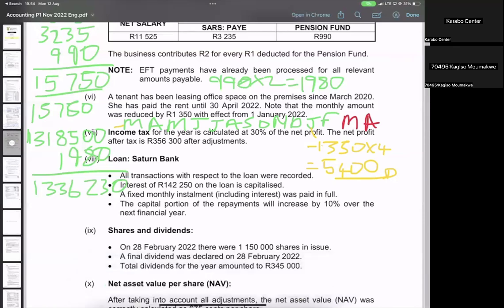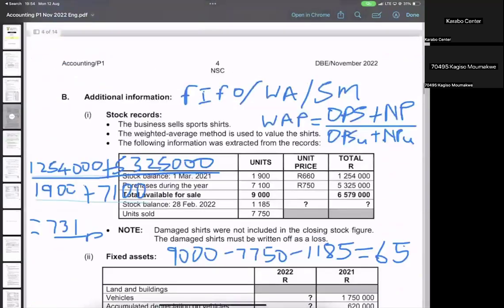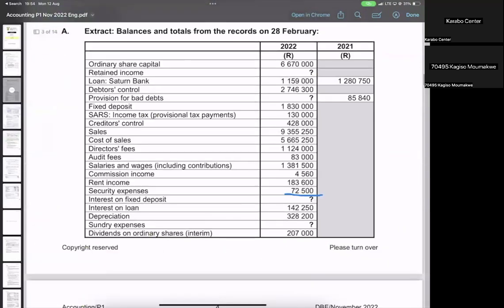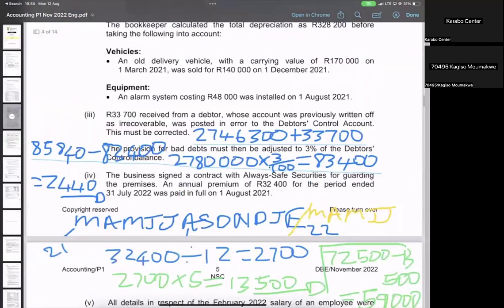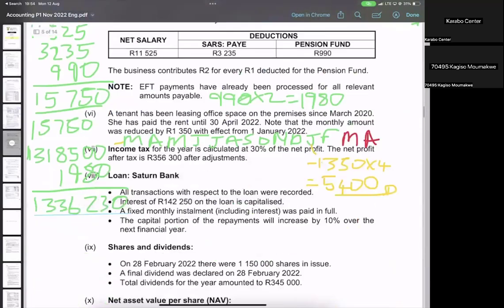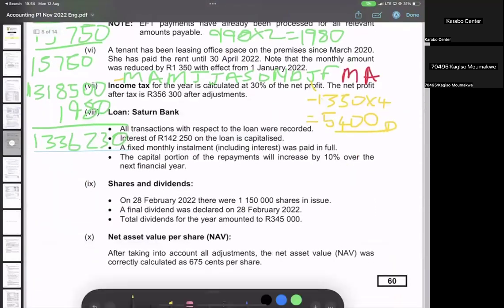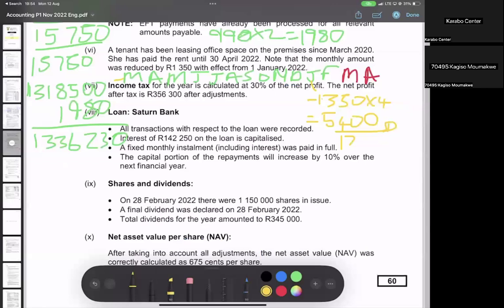So we go back, we have to go and find our rent. So our rent income is 183,600. But remember, this rent income has an effect of minus 5,400.